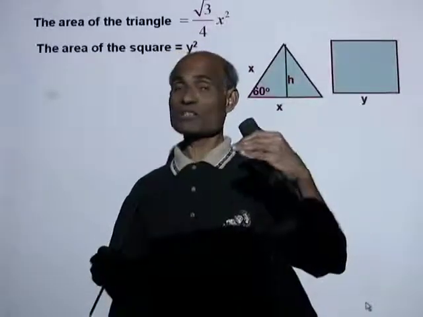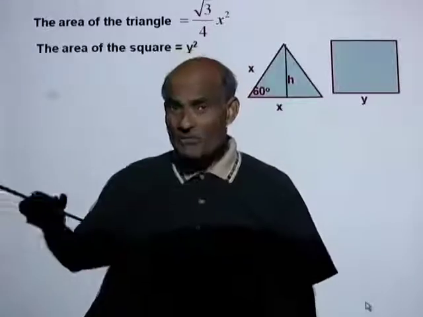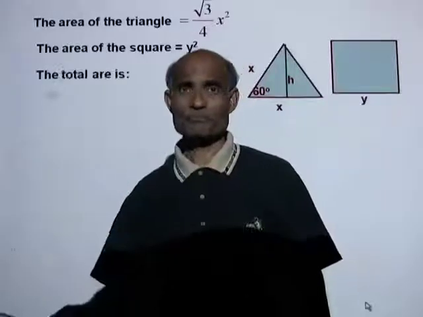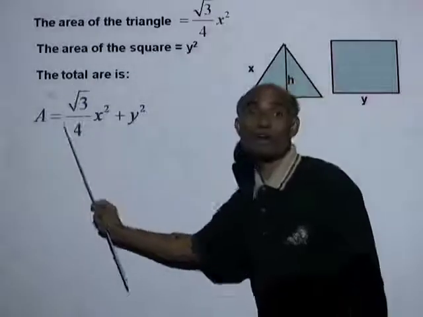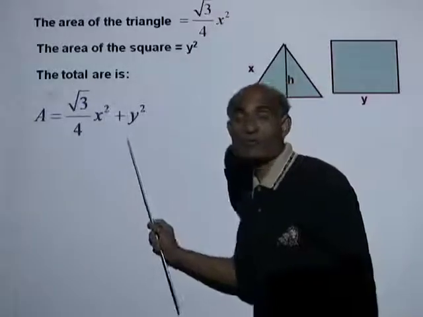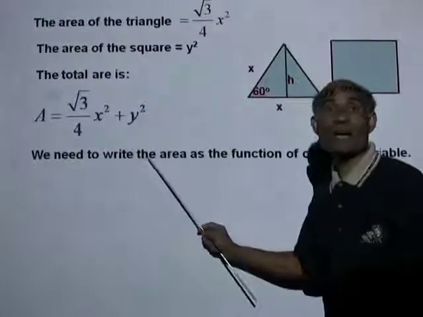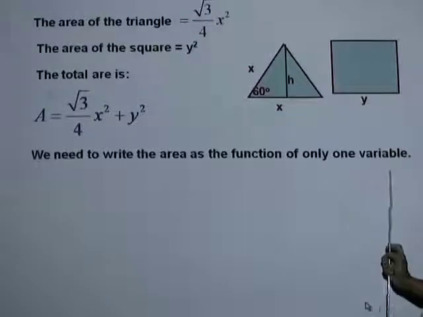3x plus 4y equal to, we are given the perimeter. Is that 10 or 12? I think it is 12. Alright, so the total area is the area of the triangle plus the area of the square. But we need to write the area as a function of only one variable.